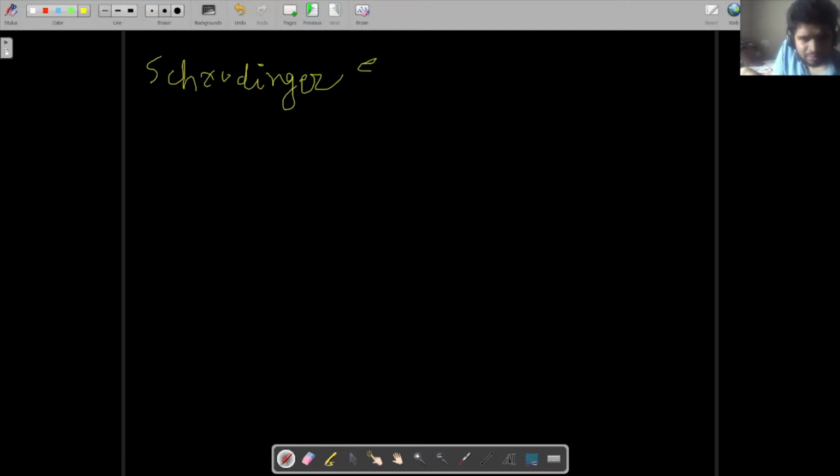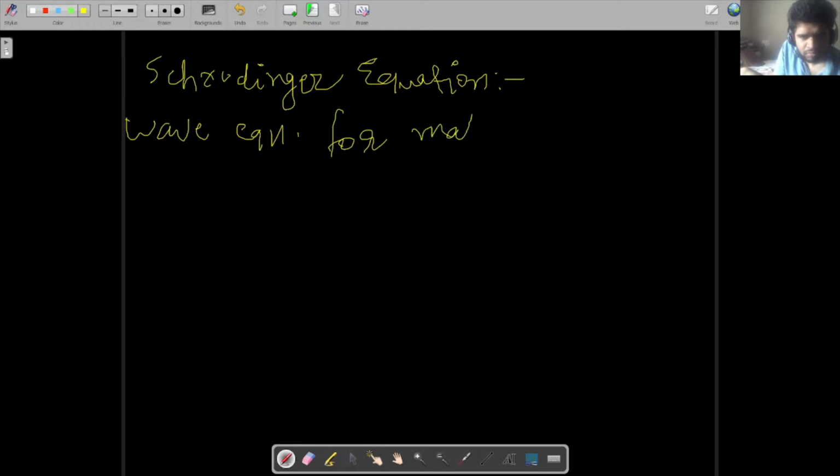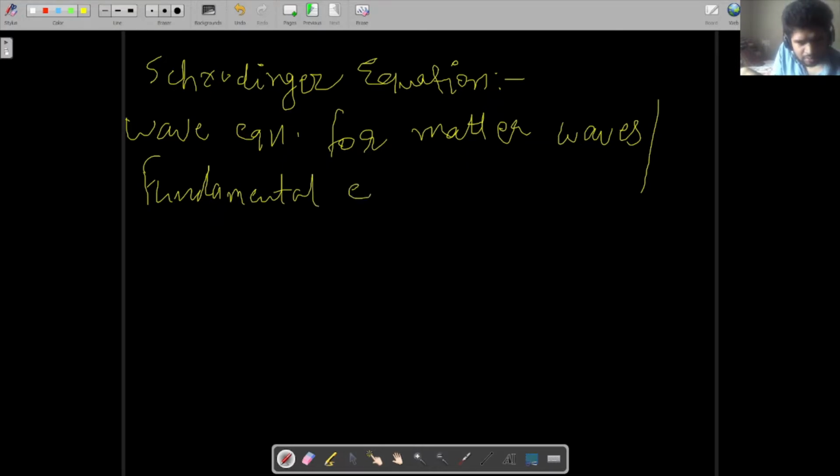The Schrodinger equation is also called the wave equation for matter waves, or the fundamental equation of motion of wave mechanics.